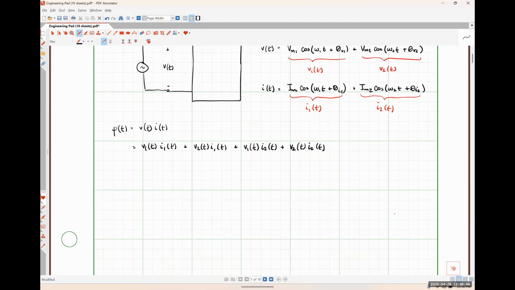So the v1 times i1 term is literally identical to what we did on Friday.